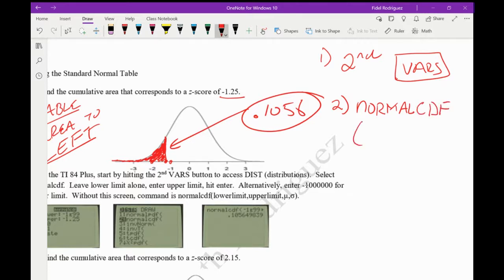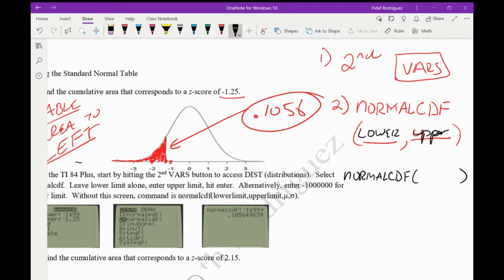When it gives me the normal CDF, it's going to give me a lower bound and my upper number. I'm actually going to write it out here so you can see. So normal CDF, and my lower number.